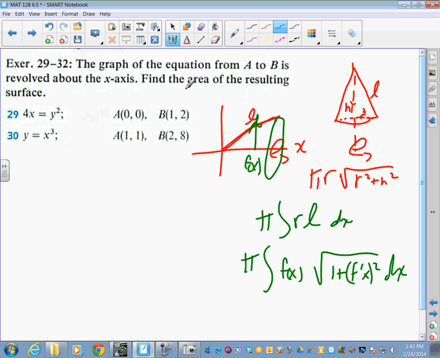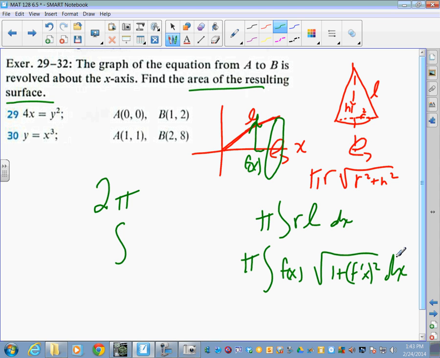I want to know, how do I find surface area? Average radius becomes 2 pi times average radius times slant height. That's surface area. Right. So what's the integral? Oh, they're invoking an average for the dx.